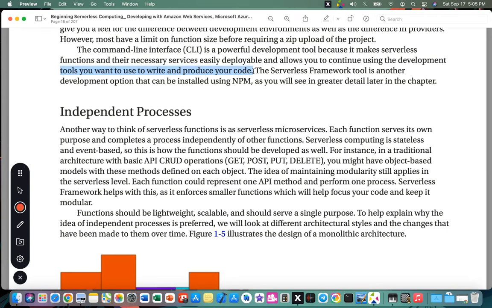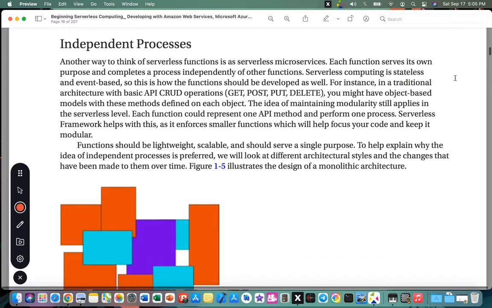All right, so now we know what the command line interface is. Here is the command line interface definition. The serverless framework tool is another development option that can be handled using NPM. You will see it in greater detail later in this chapter.